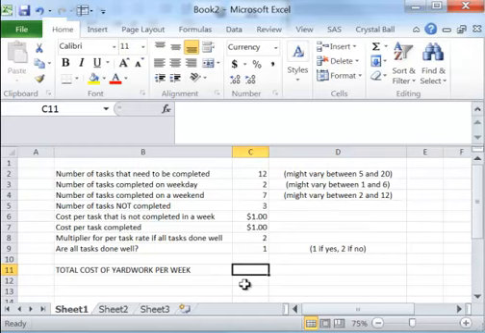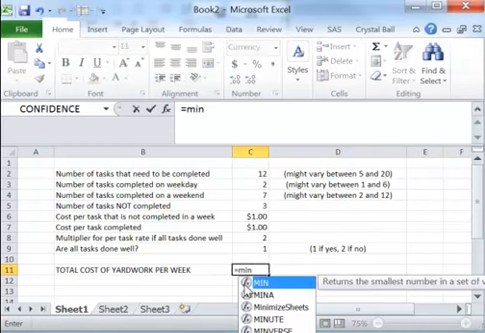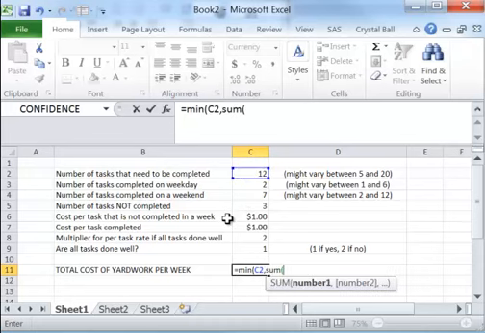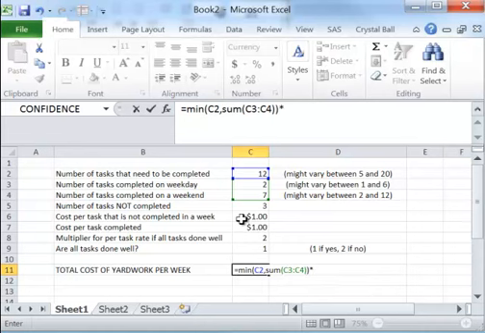And the best way to do that is to use the min function. The min of either the number of tasks that I have for him to do or the number of tasks that he actually does, the sum of the tasks on the weekday and the weekend. And then remember that we want to multiply that by, let's just keep this simple to start, $1 per task that's actually completed.